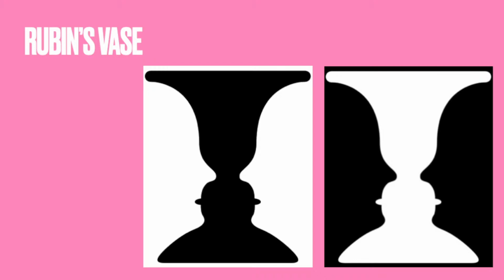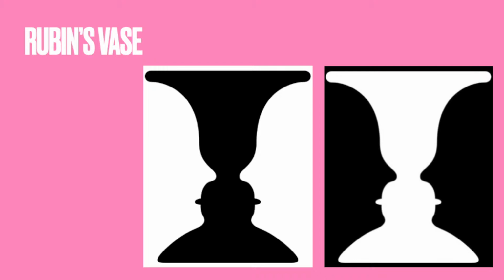Then the vase that was positive became negative, and the two faces became positive. So shifting your perspective changes what you're able to see as an object or subject matter in your reference.